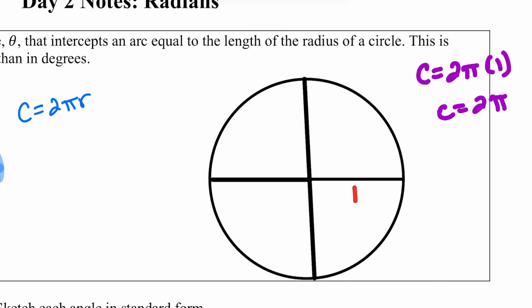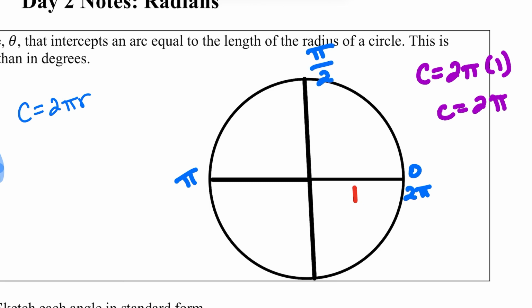That means that if I started here at my initial side, like what we did with 0 degrees, and start off with 0, because 0 is a number, 0 degrees is an angle measure, and go all the way around, that should be 2 pi. If I go halfway around, that should be pi. If I go a quarter of the way, it's half of a pi, so pi over 2.